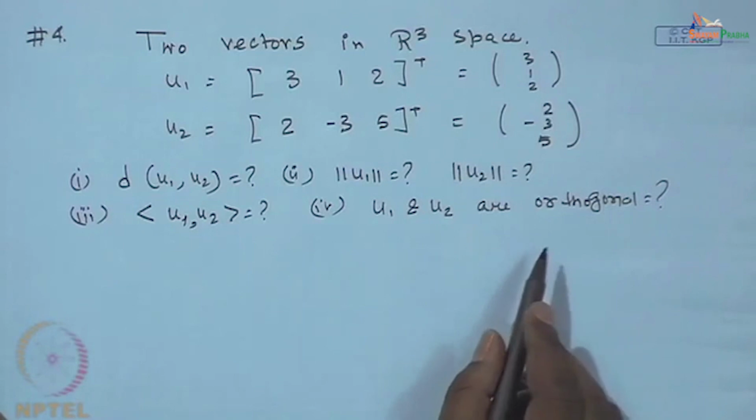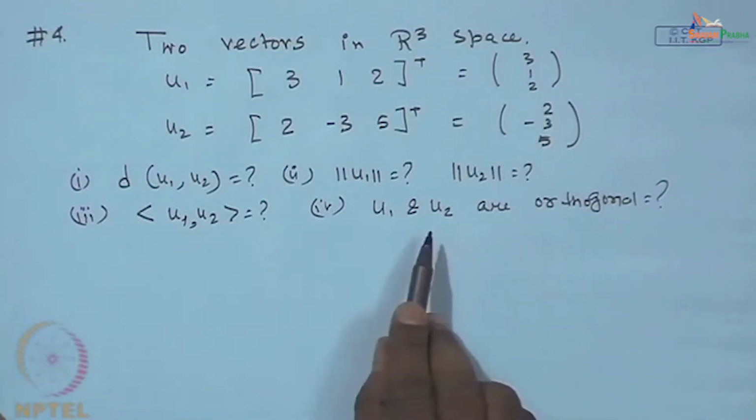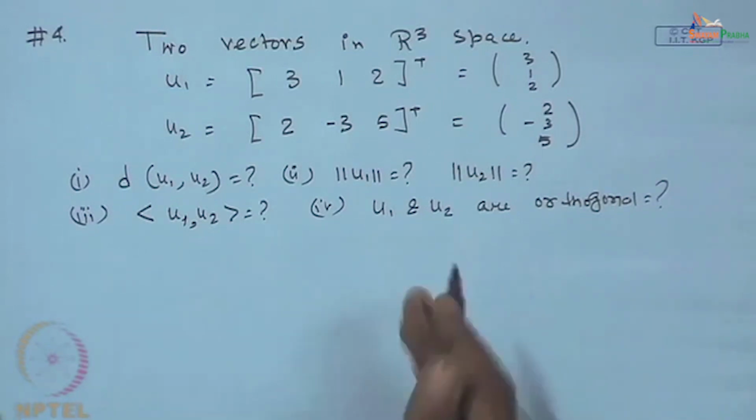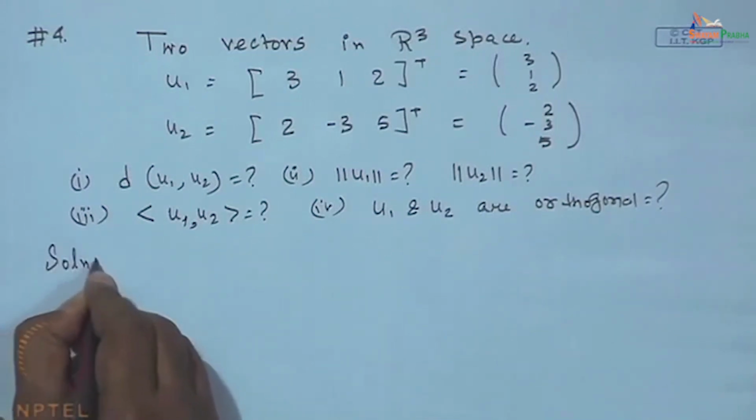Orthogonal means they are perpendicular to each other. If they are orthogonal, that means they are oriented at 90 degrees to each other. Okay. Let us look into the solution to this problem.